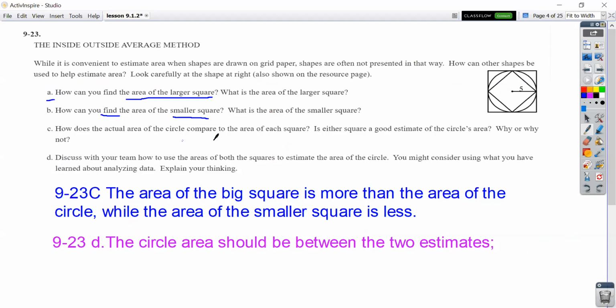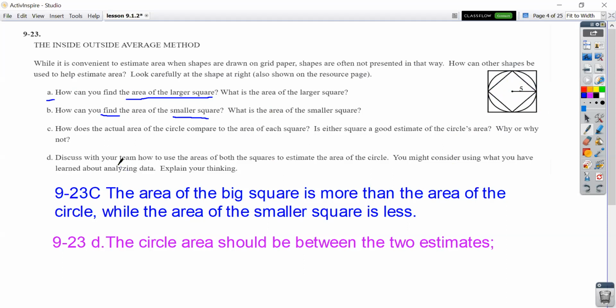So question C. The area of the big square is more than the area of the circle. Of course, it's bigger because it stays outside the circle. The area of the smaller square is less than the area of the circle. Of course, because it stays inside the circle. Okay.